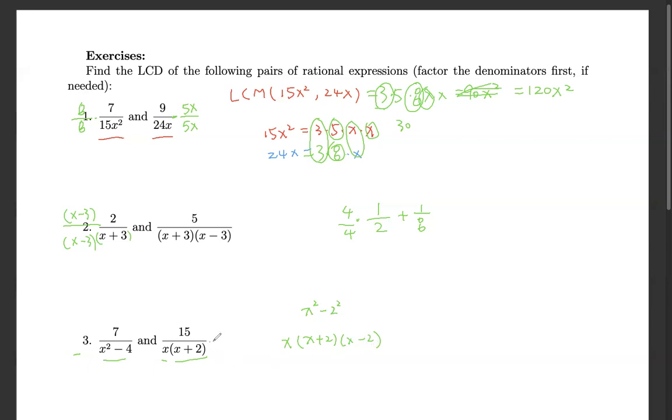So change this one to have a common denominator, we need to multiply by x minus 2, divided by itself. And change this one to have a common denominator, we need to multiply by x over x. x squared minus 4 is x plus 2 times x minus 2.